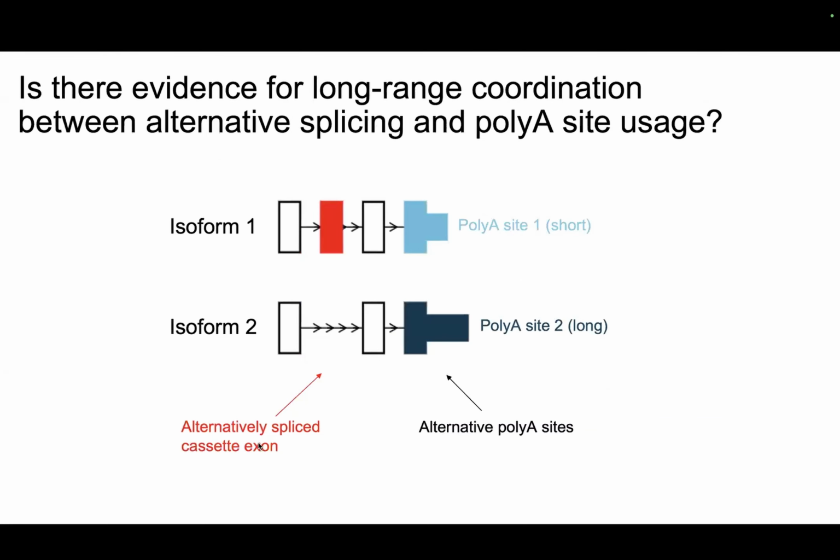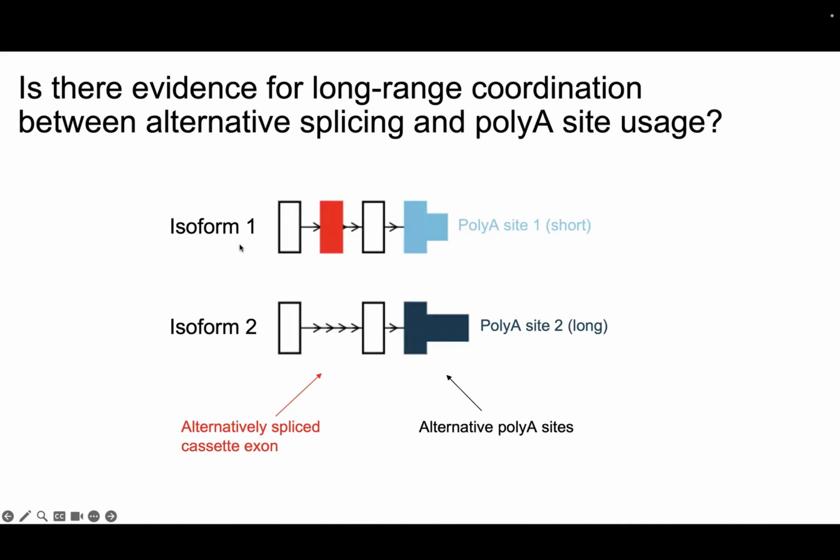One thing that we realized as we were doing this alternative splicing analysis is that we could actually use our long read data to assess the evidence of coordination between different types of alternative splicing. So here in this example of these two isoforms, isoform 1 and isoform 2, the first isoform has a short 3' UTR, shown at this first polyA site 1, and then isoform 2 has this longer polyA site here.